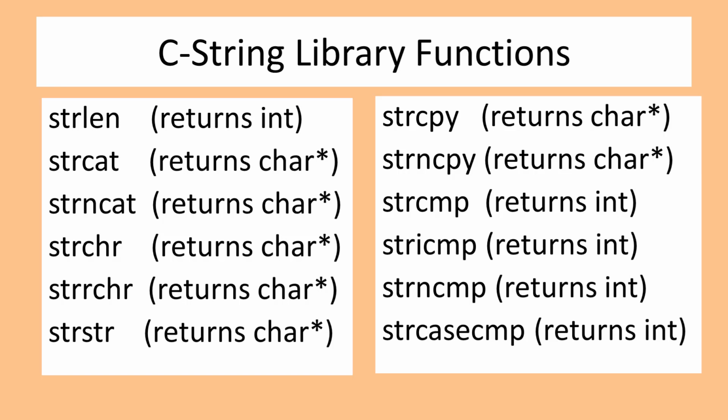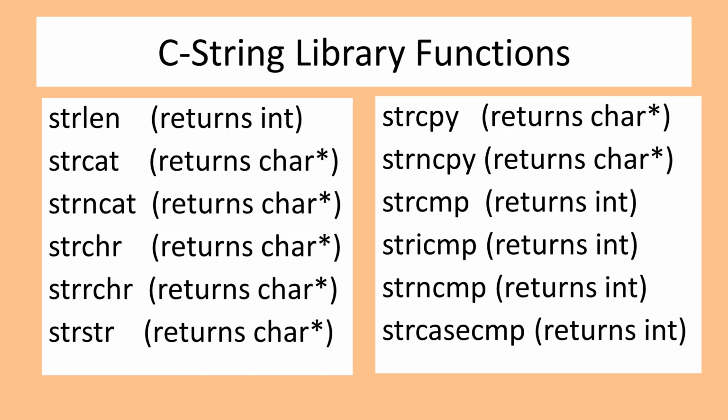That's going to look inside of a string to find the location of a character in a string, and if it doesn't find it, it will return a null. strrchr, that's start looking from the end of the string instead of the front. strstr, that's looking for a substring within a string.